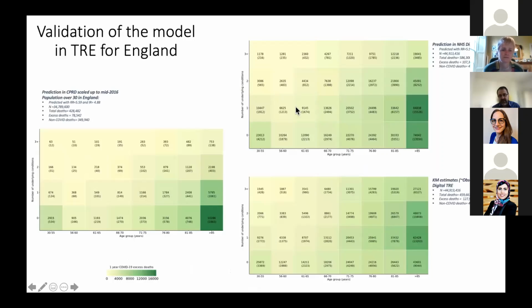And here we can see 3 different heat maps stratified by age, and here is the number of baseline conditions. This is based on CPRD data scaled up to England. This is based on what we predicted and applied the model on control cohort pre-pandemic, and this is observed values, which is really just Kaplan-Meier estimates, very close to observed values. So you can see that values are quite similar and close to each other.